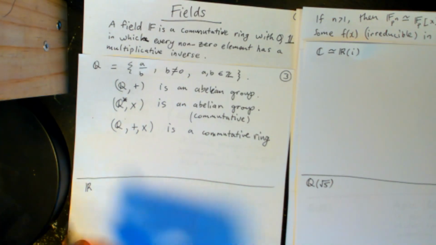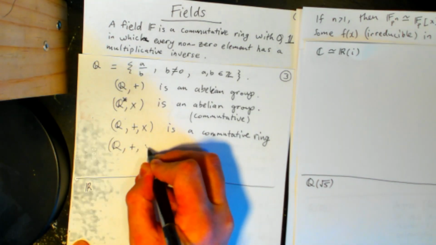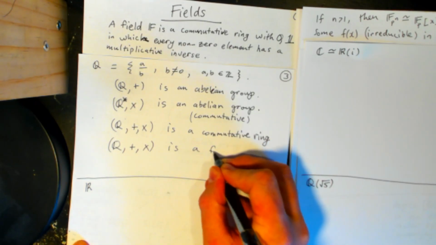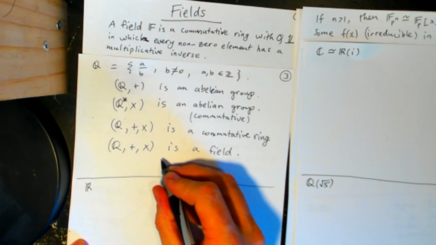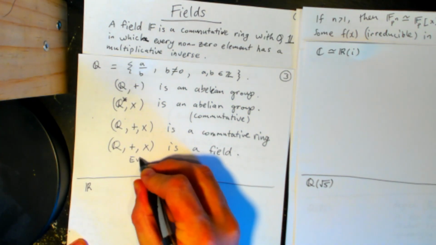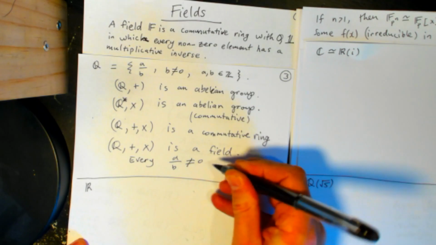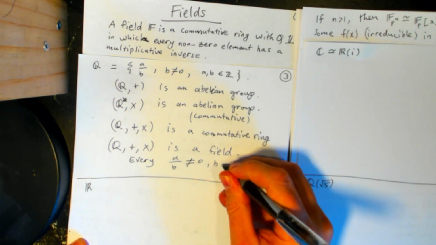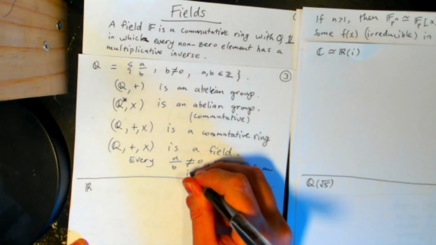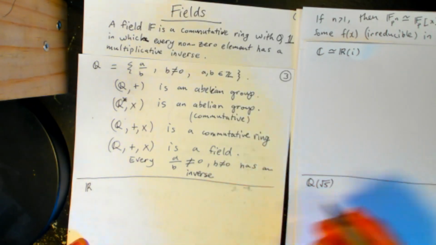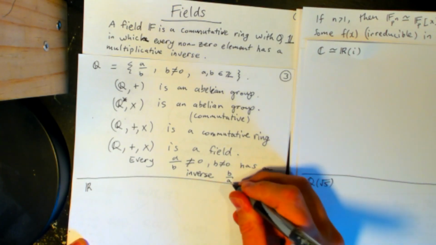And so this structure here is a field, right? Since every A over B that's not equal to 0, where B is non-zero, has an inverse. And here this inverse, multiplicative inverse, is B over A, right?